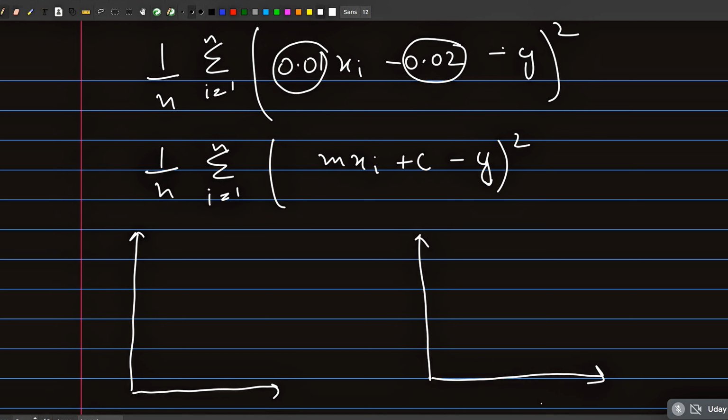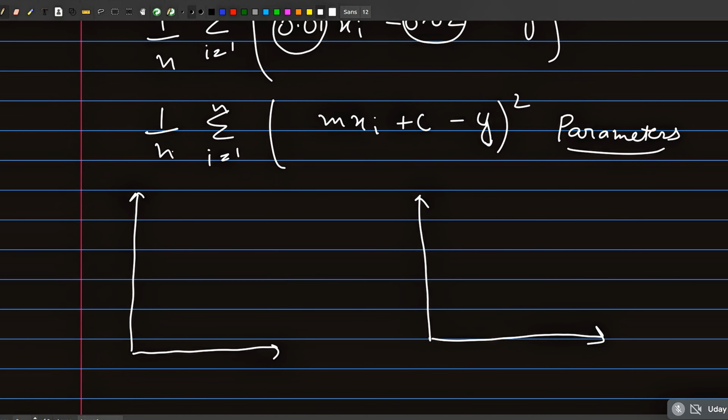And one more definition before going forward: these m and c are subject to change. The values which are subject to change during the iteration or the optimization process, we call parameters. Just a definition, but needed.